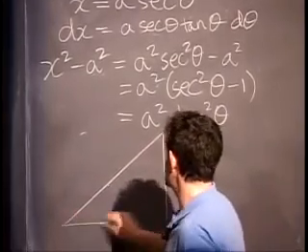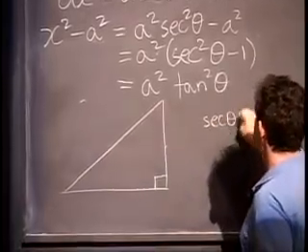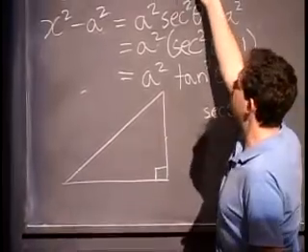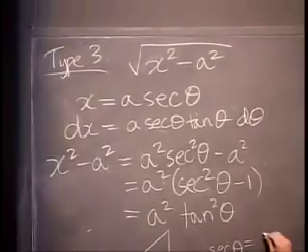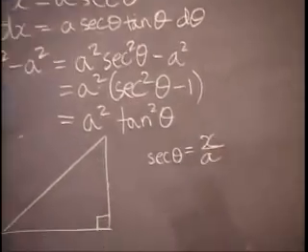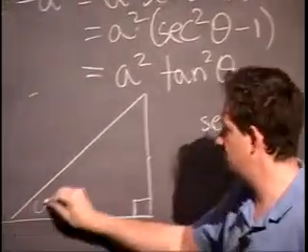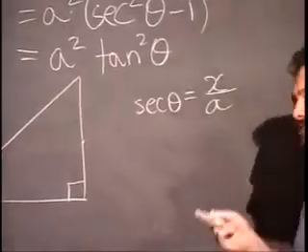Triangle we'll need this time. It says secant theta. If you go back up to this equation, divide by a, you get secant theta is x over a. So this time the triangle says, well, cosine is the adjacent over the hypotenuse.